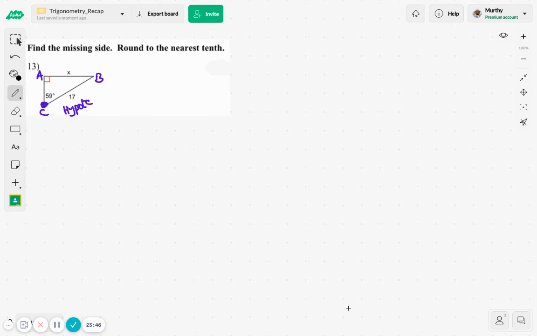If angle C is given, then X is going to be the opposite side. Agreed? Now, let me write SOHCAHTOA.